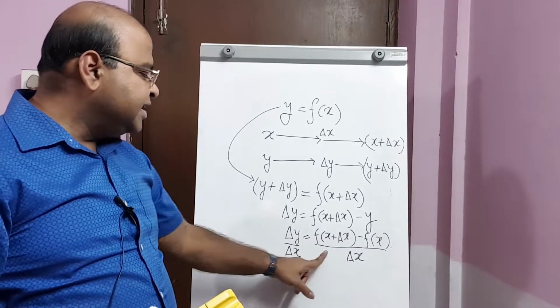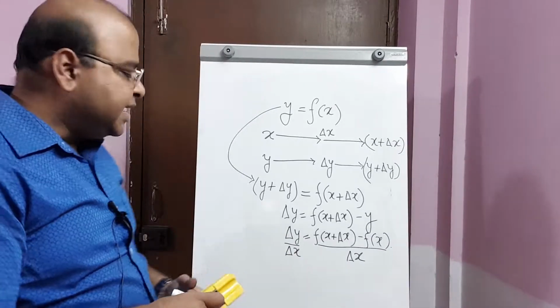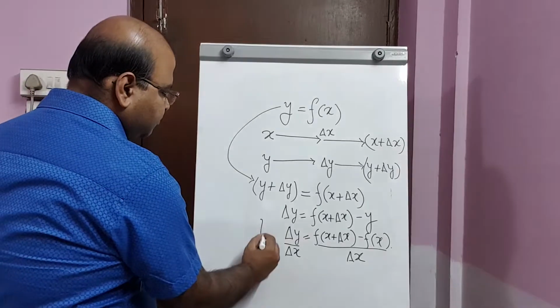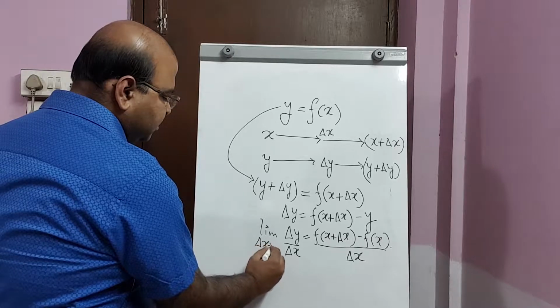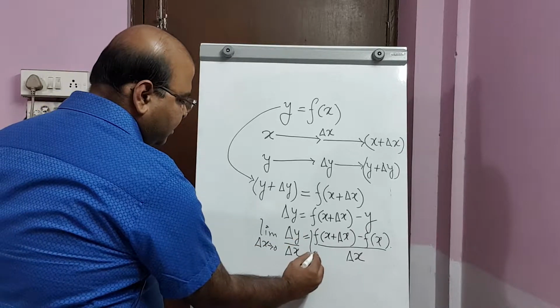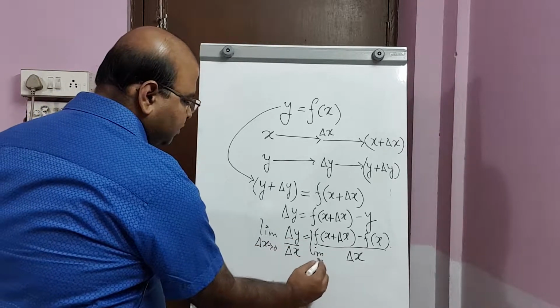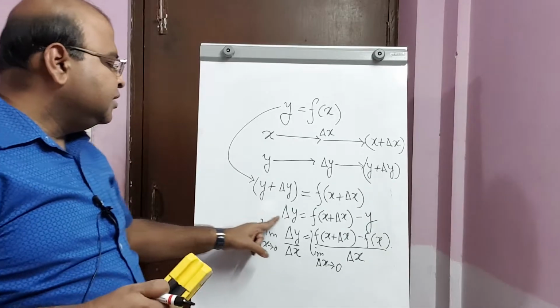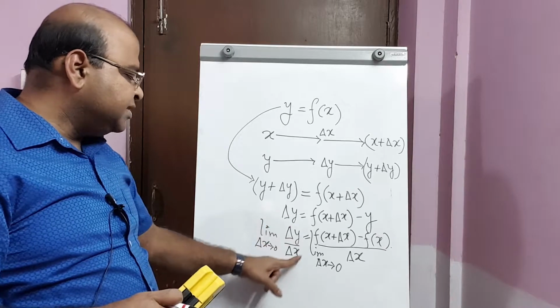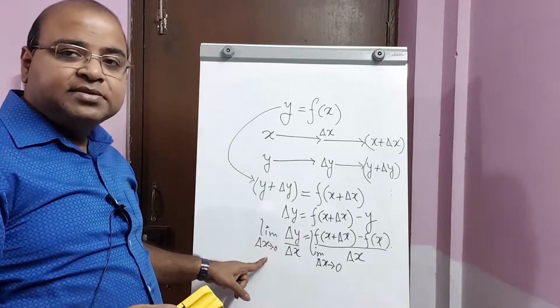And finally, applying limit on both sides as delta x tends to 0, the left hand side becomes the derivative of y with respect to x. This is the definition of dy/dx as we discussed earlier.